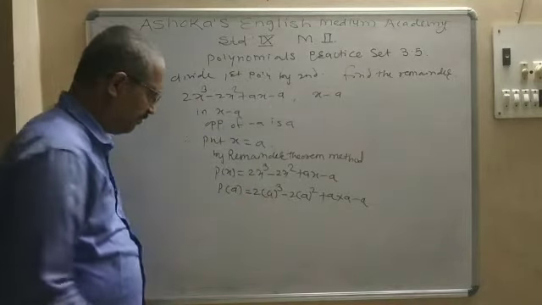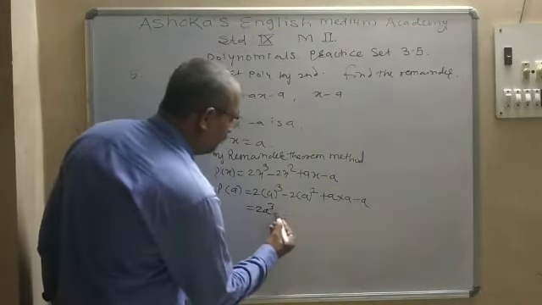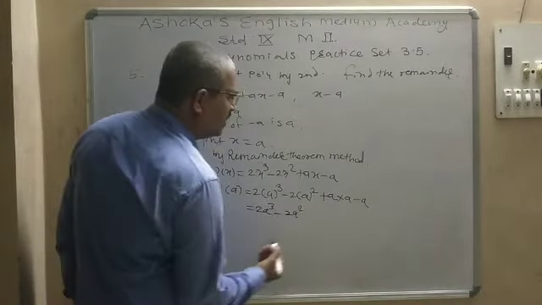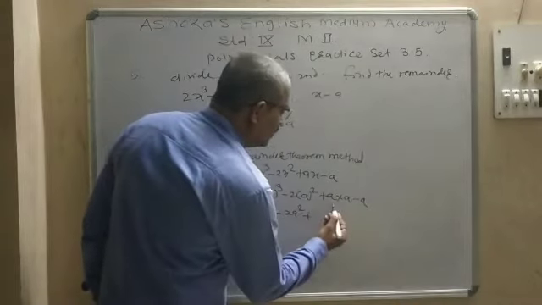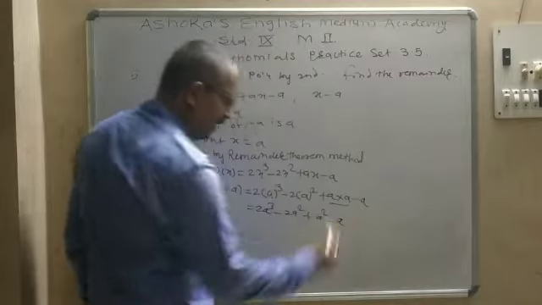So we get 2a raised to 3 minus 2a square plus a into a square minus a.